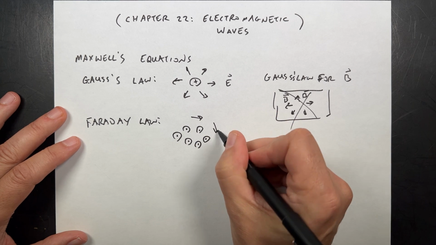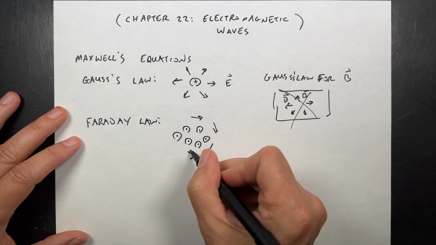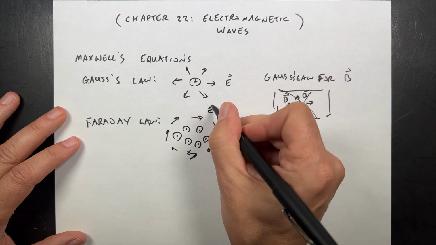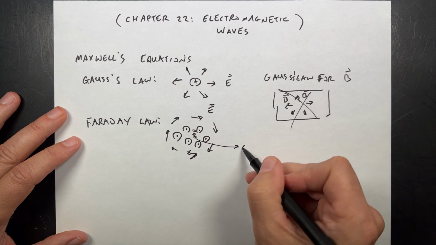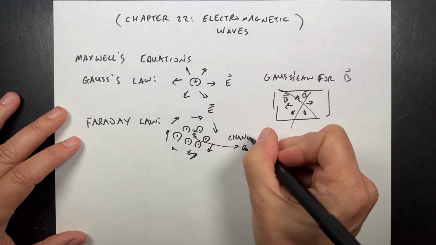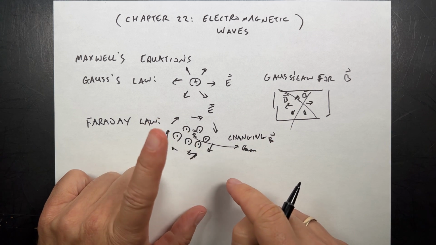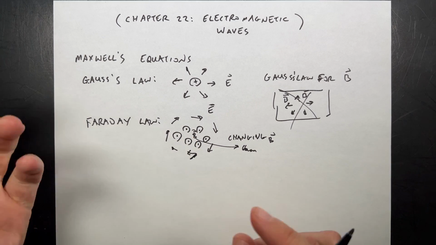This would be E, B, and this is changing B. This says that a changing magnetic field, that has to be changing, you can't even draw the changing because paper doesn't change.